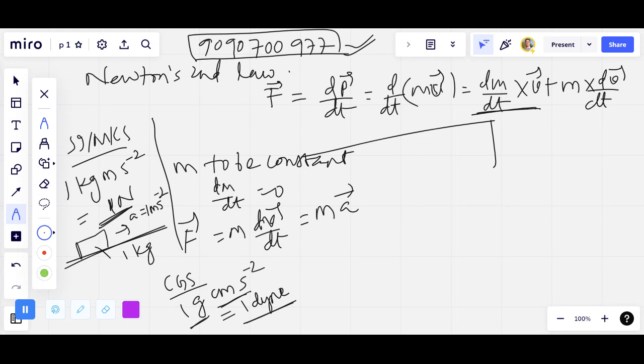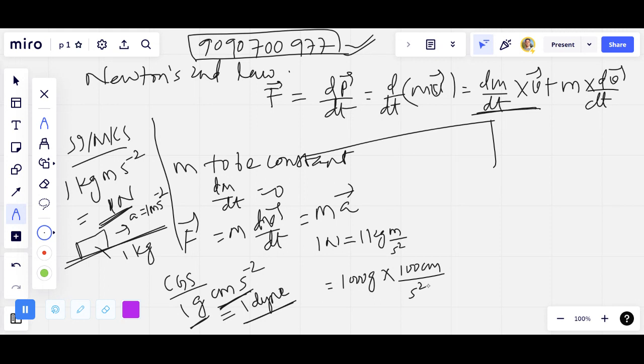So we can always find the relation between 1 Newton and 1 dyne. 1 Newton is nothing but 1 kg into meter per second square. So 1 kg will become 1000 gram, into 1 meter which is 100 centimeter, divided by second square.